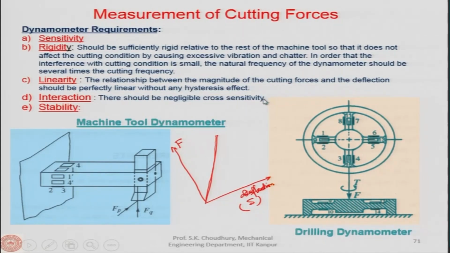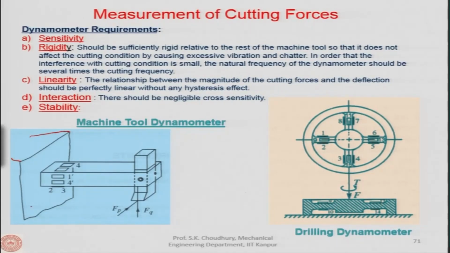Now, the machine tool dynamometer, actually this is disturbing, so I will just remove this. If you see here, these are the designs. What is shown here is the dynamometer that is used in turning. This is the fixing of the cantilever beam type.